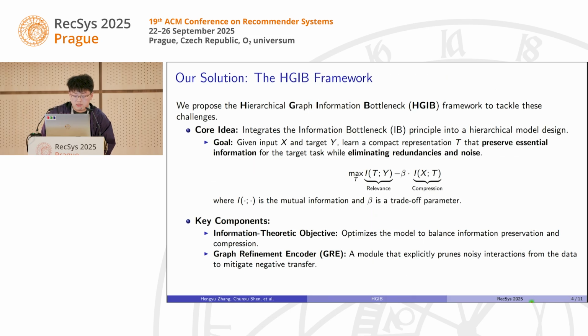So to tackle these challenges, we propose the HGIB framework. The core idea is to integrate the information bottleneck principle into the hierarchical model design. For those unfamiliar, the information bottleneck principle is an information theoretical framework to learn a robust representation.